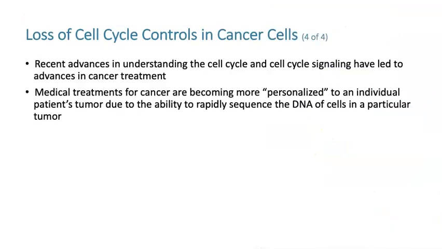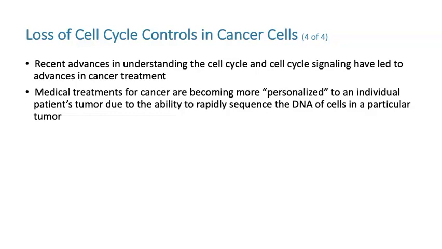Loss of control of the cell cycle, just kind of wrapping this whole thing up. We do know that the cell cycle and cell cycle signaling have given us a lot of help in understanding how to treat cancer, and that medical treatments for cancer are becoming more personalized depending on what mutation you've got.